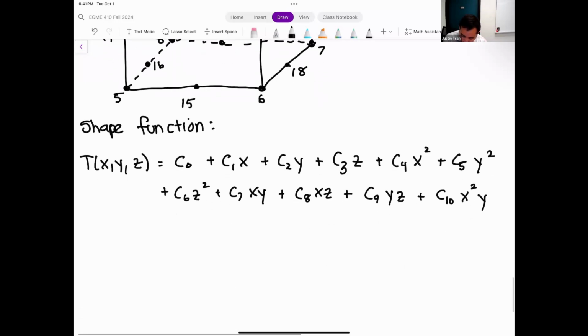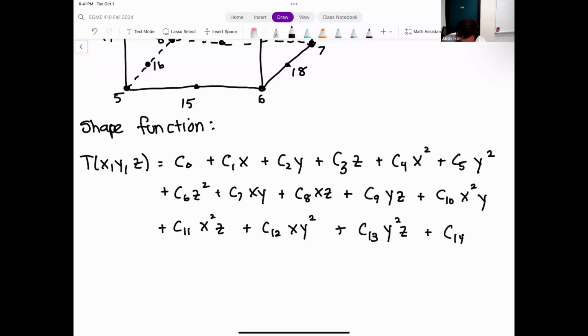We have C10 x squared y plus C11 x squared z plus C12 xy squared plus C13 x squared z plus C14 xz squared plus C15 yz squared. Okay. We have 6 terms that are like that. So one term squared and multiplied by another term.